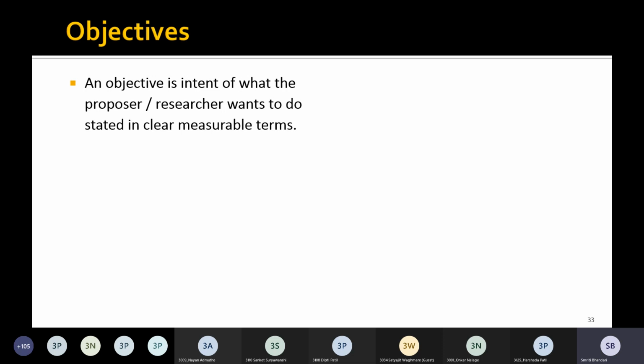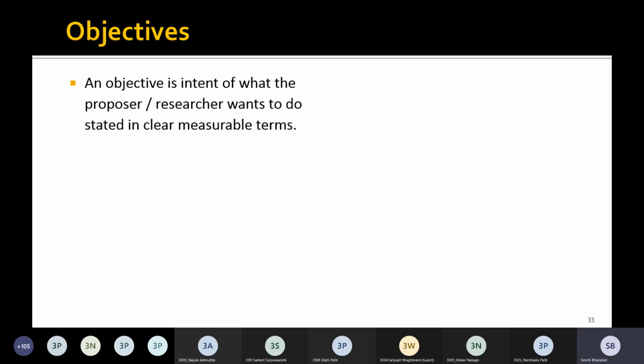I'll repeat. Objectives need to be very specific, and objectives should be stated such that these should be measurable, right?